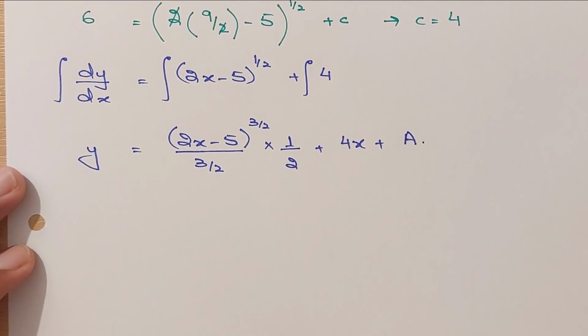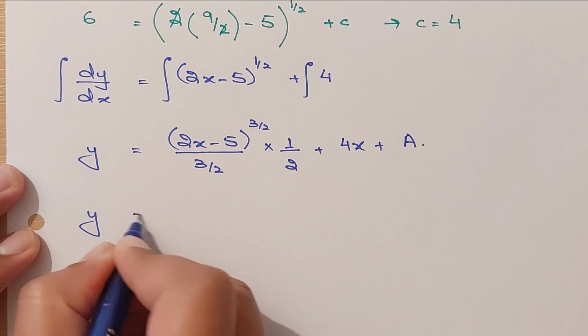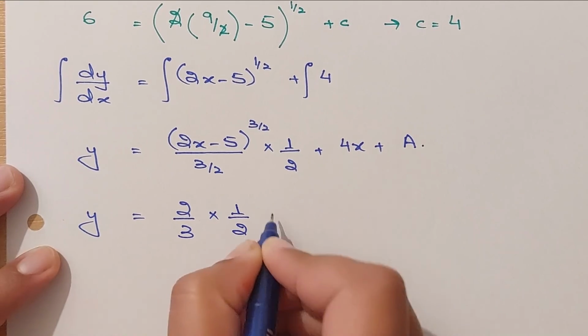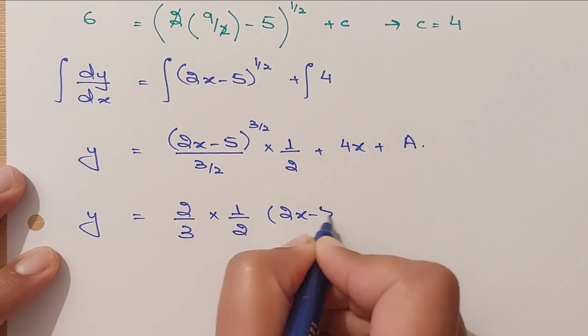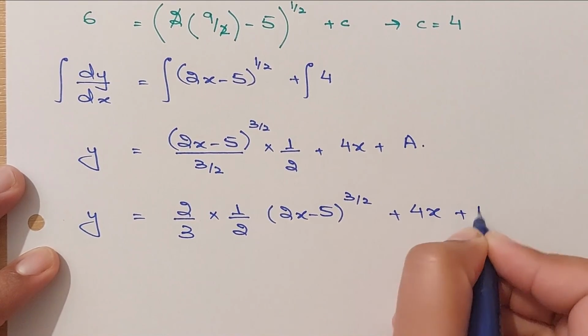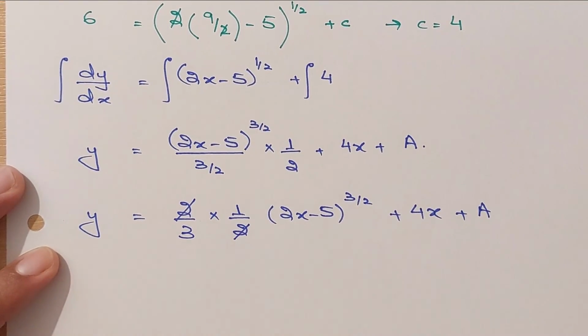Let's say a is the constant of integration this time. Now y equals 2/3 times 1/2 times (2x minus 5) to the power 3/2 plus 4x plus a. Now we have just 1/3 over here.